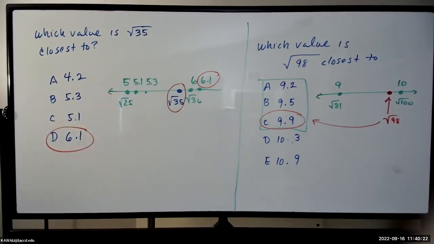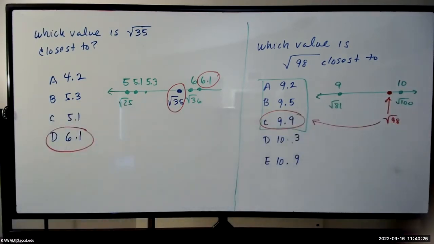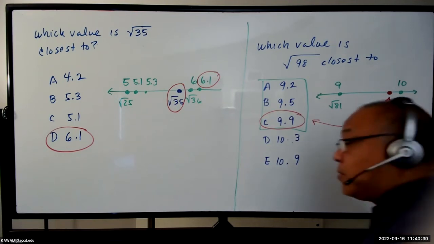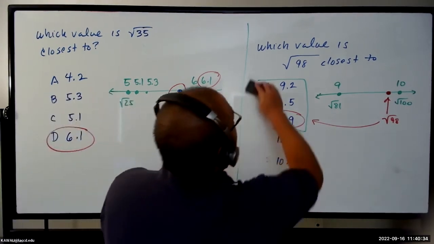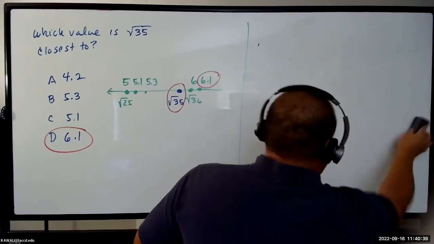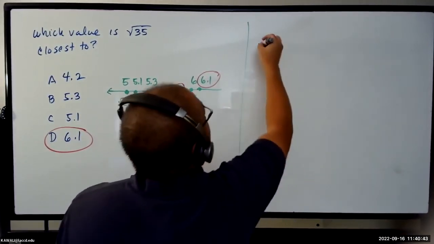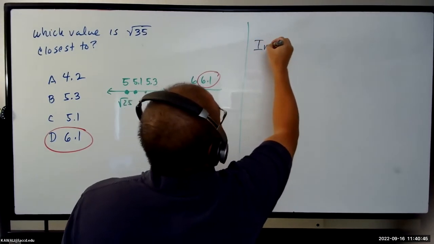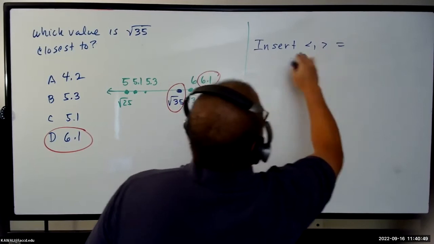Okay. Now let's do something a little bit nasty. These two numbers are going to be very, very close. Insert less than, greater than, or equal to.